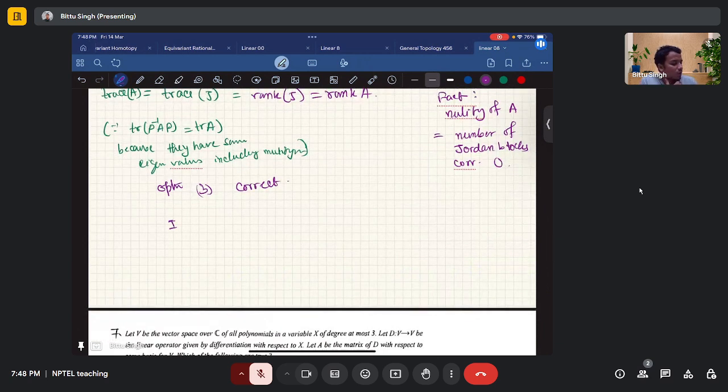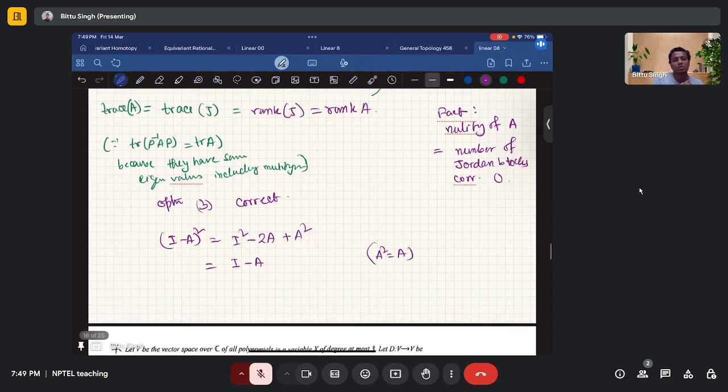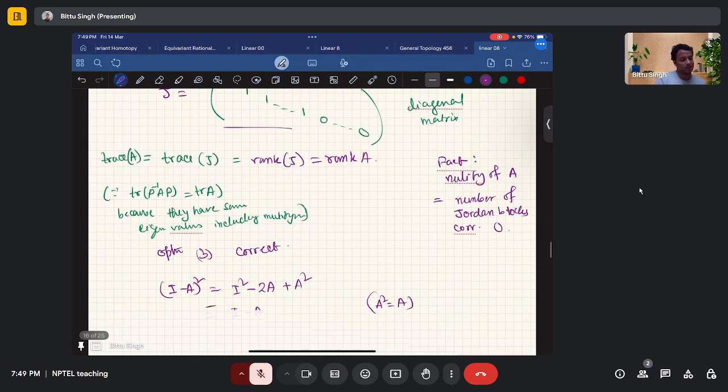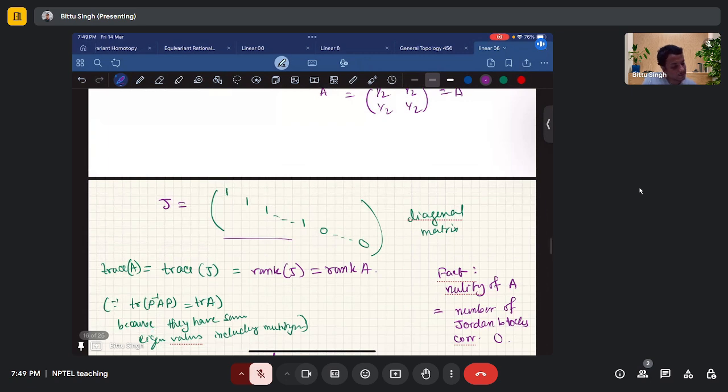I minus A whole square is I squared minus 2A plus A square. But given A square is A, this is the same as I minus 2A plus A, which is I minus A. Therefore, I minus A also satisfies the criteria; it is also a projection.